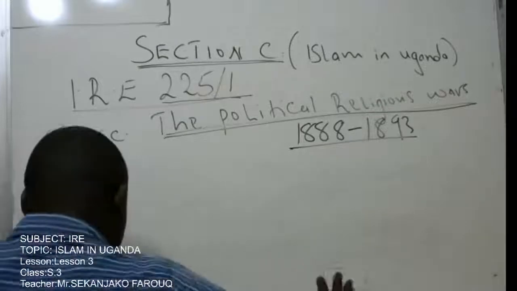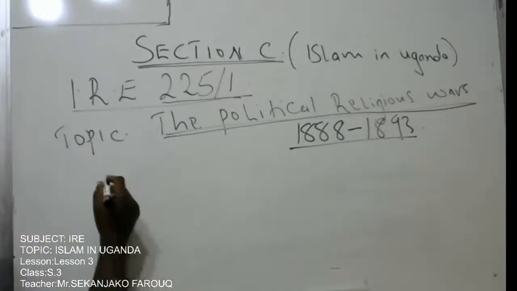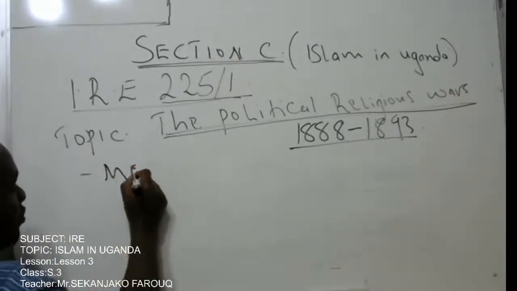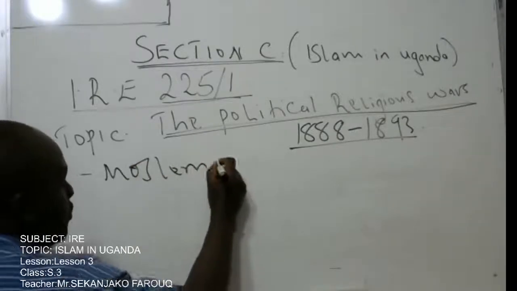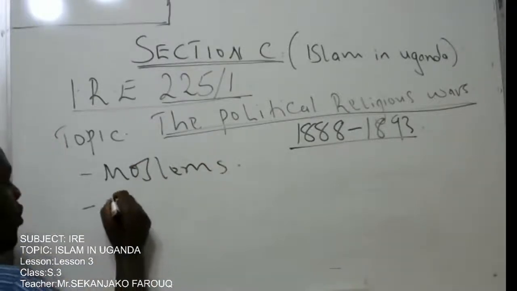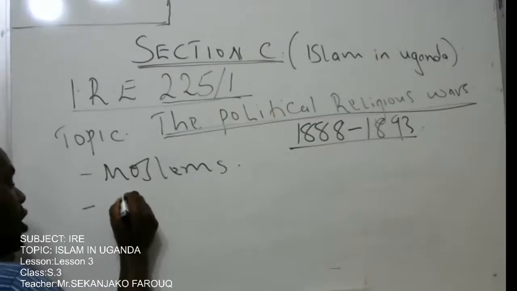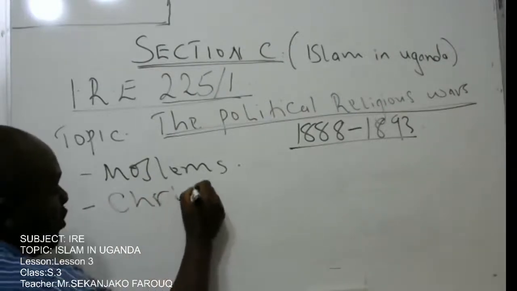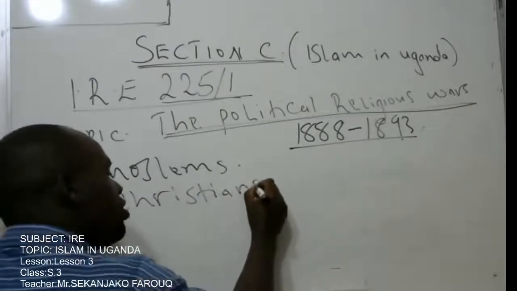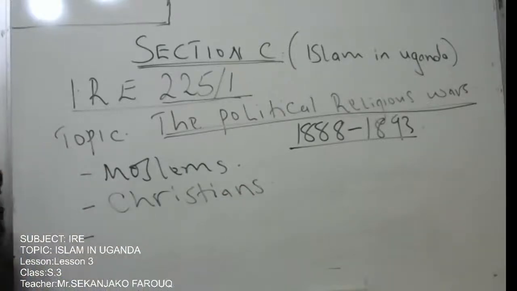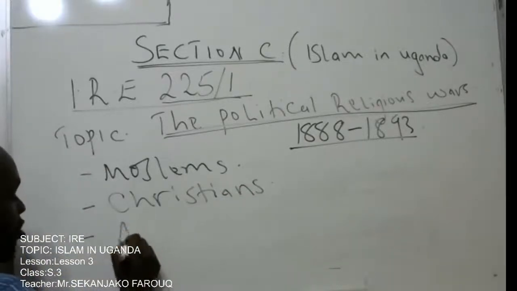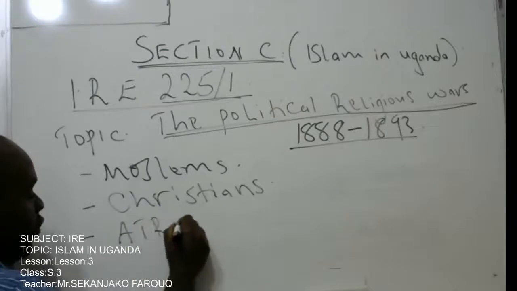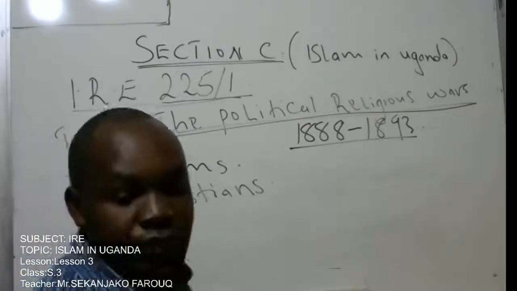The 3 major parties included: number 1, the Muslims; then the combined party, let me call them Christians, where we have the Protestants and the Catholics; and then the other party, the traditionalists, or the African traditional religion.